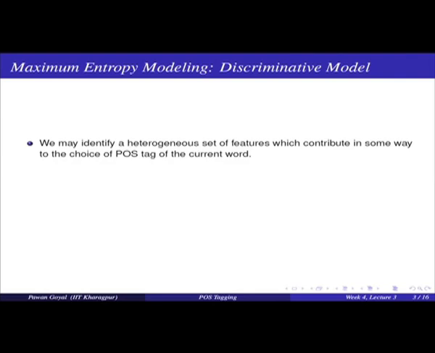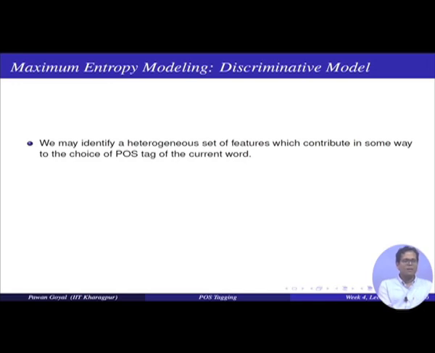So that's where we move from HMMs to maximum entropy model that allows a very heterogeneous set of features. So you can use a lot of different observations from the data for your model. So what is the important distinction?